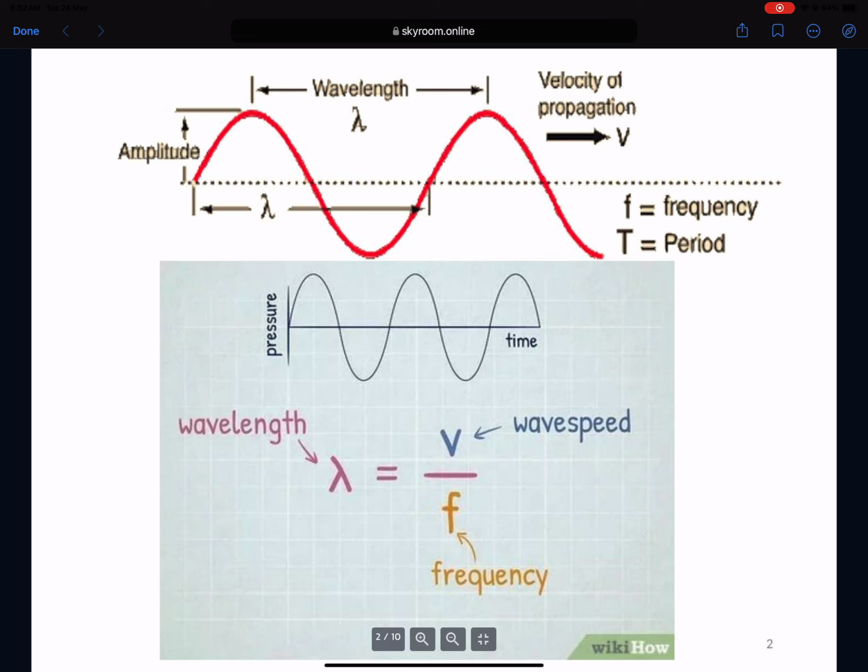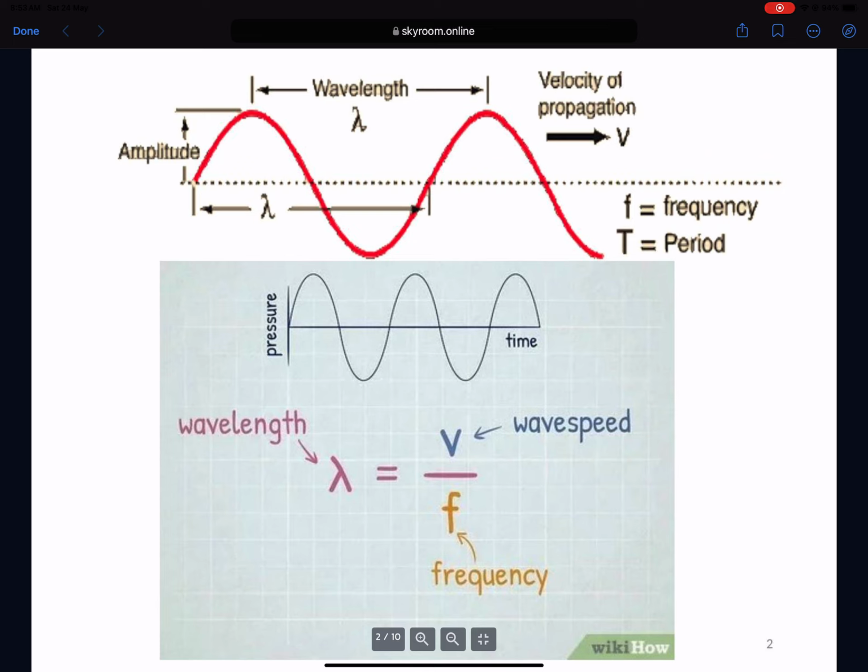The simplest way to understand it: if we have a bump and this bump repeats again, the distance between these two maximum points is called wavelength. And the number of bumps which you can see in 1 second, we call frequency. So we show the frequency by f, and we show the wavelength by a Greek letter called lambda. Lambda is like a y but inverse.